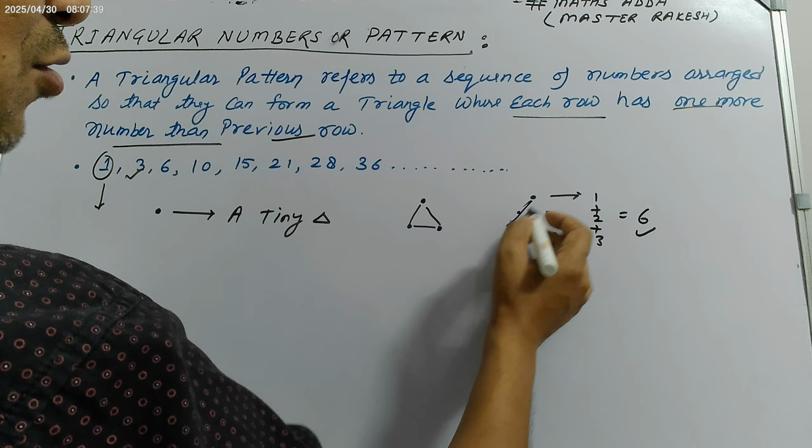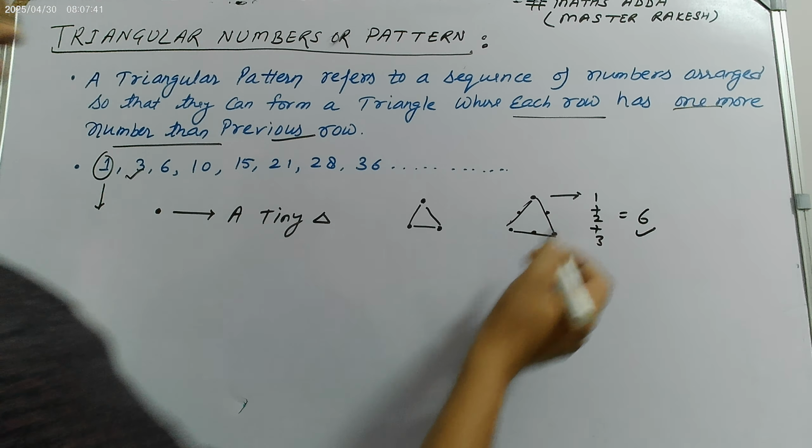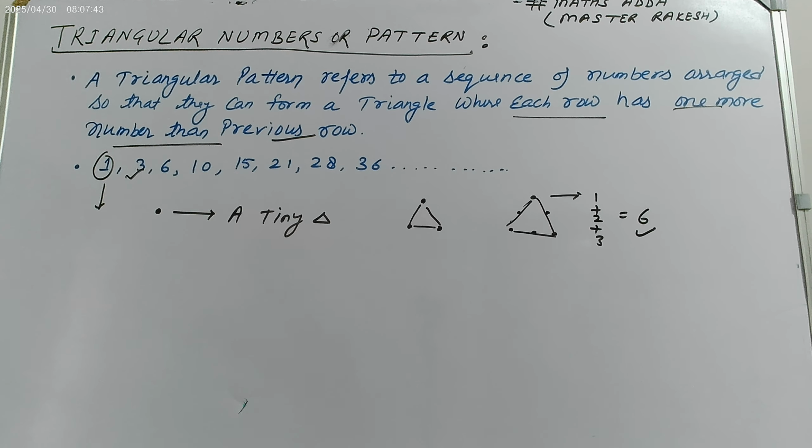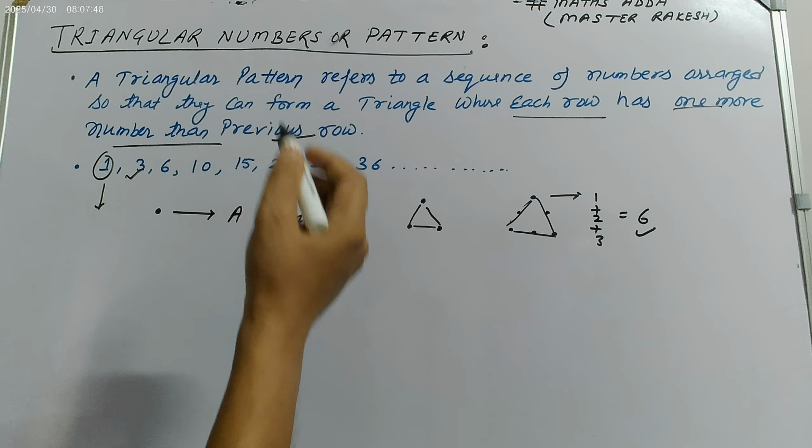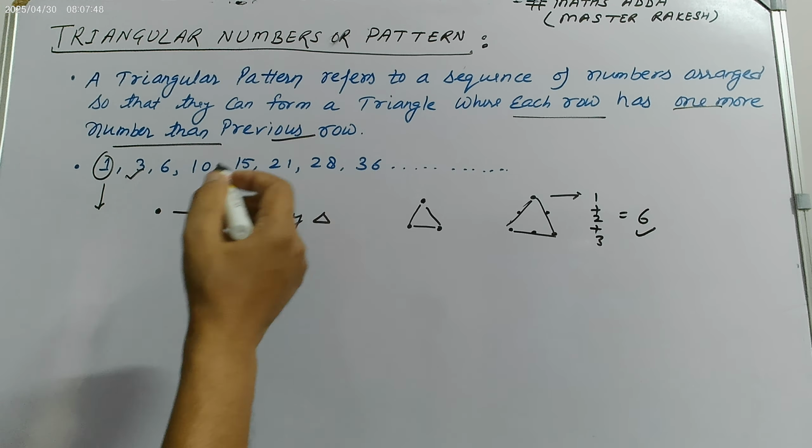If you connect these dots like this, you will get the triangle. In the first row there was 1, in the second 2, in the third rows 1 2 3.